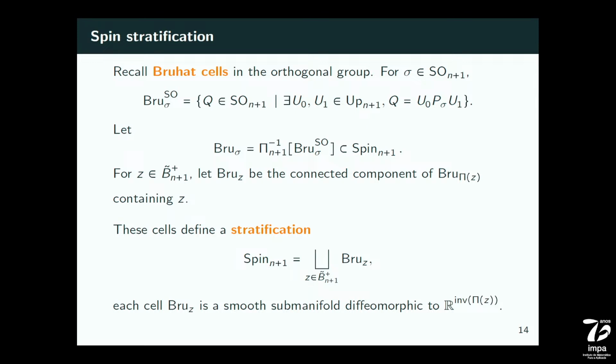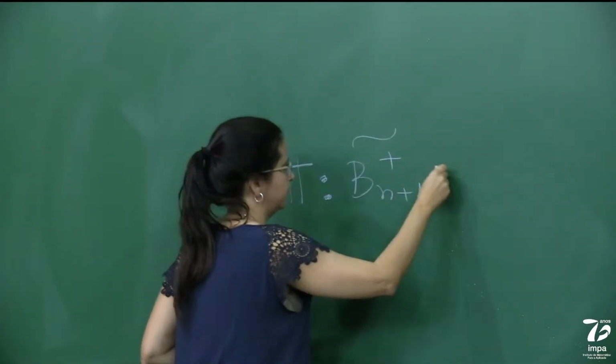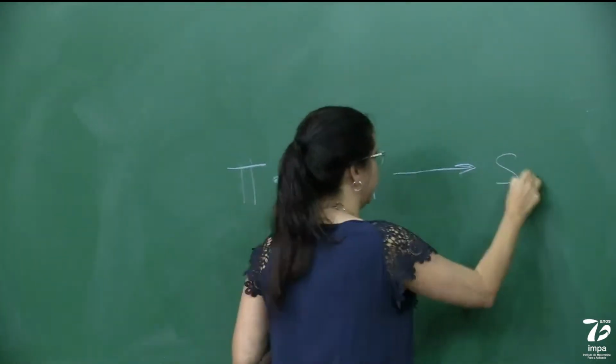Like this, we can have a stratification of the spin group, as the disjoint union of these sets Bruhat Z, where Z is in B_{n+1}^+ tilde. Each cell Bruhat Z has a dimension equal to the number of inversions of P Z. So let me put here what P is. We are denoting like that: P goes from here, and then we arrive here.